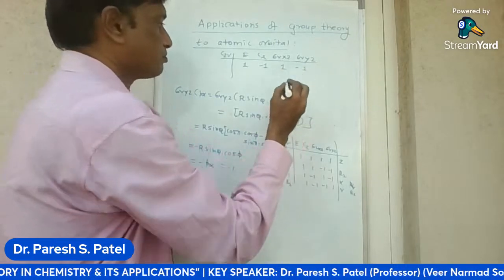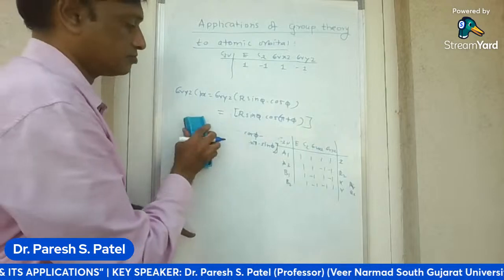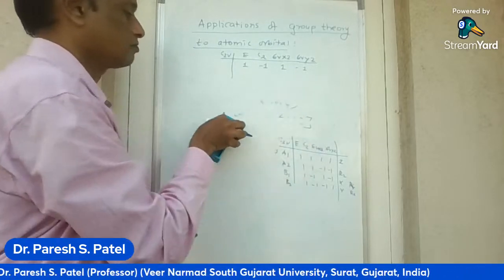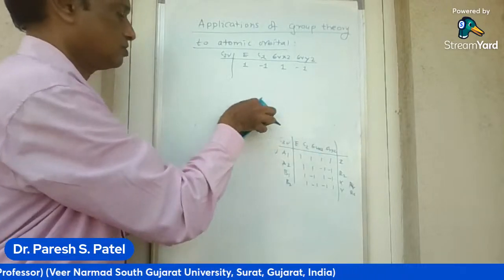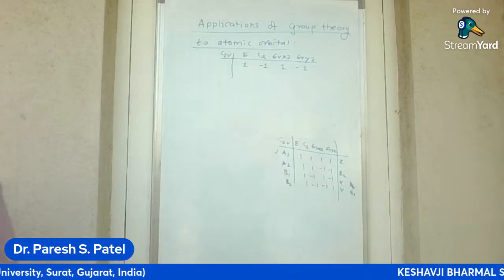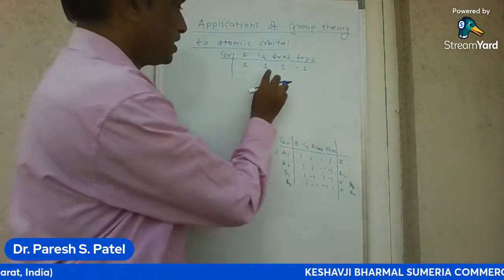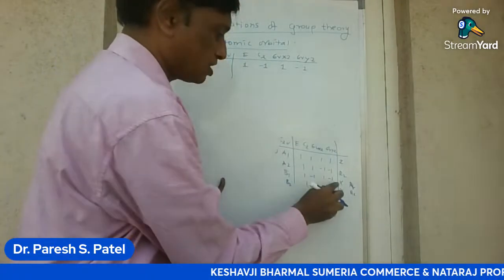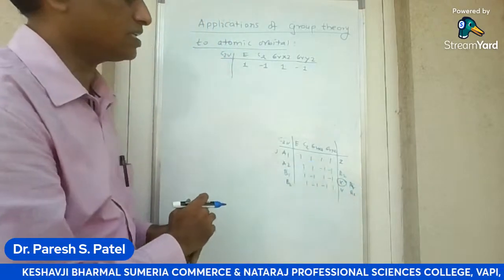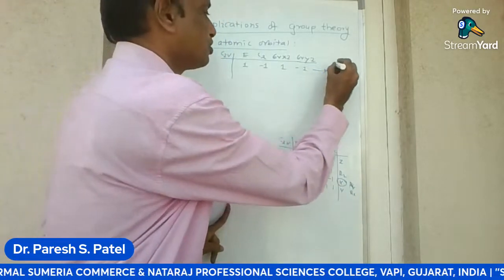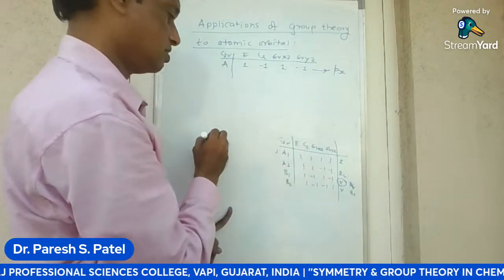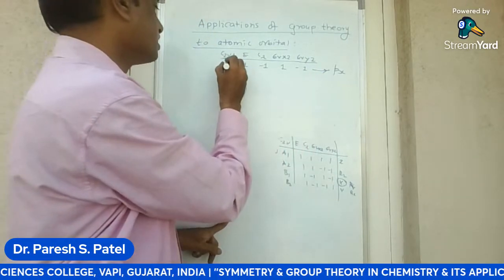So to give this character, this corresponds to 1, minus 1, 1, minus 1 with respect to px. We already discussed that this is the rotation along the x-axis. So this is the contribution from px, and this is the b1 irreducible representation.